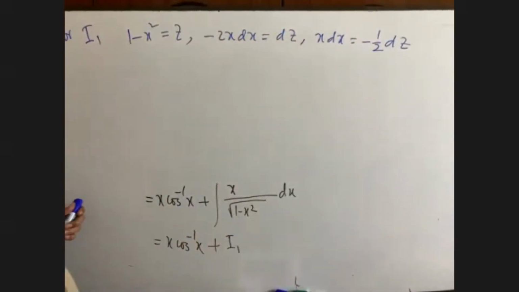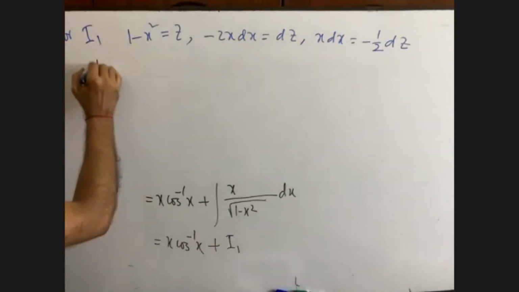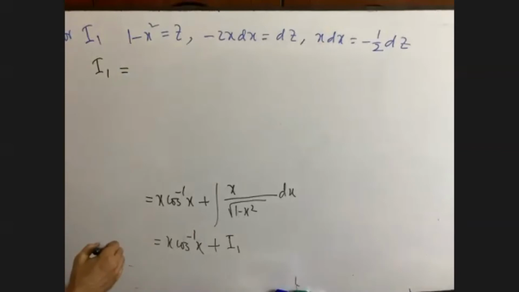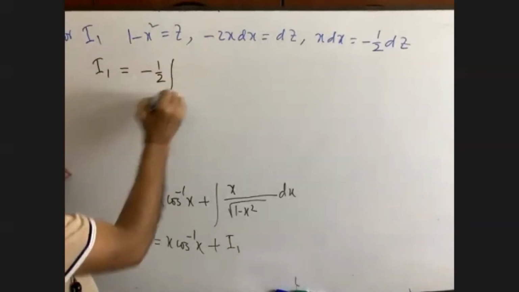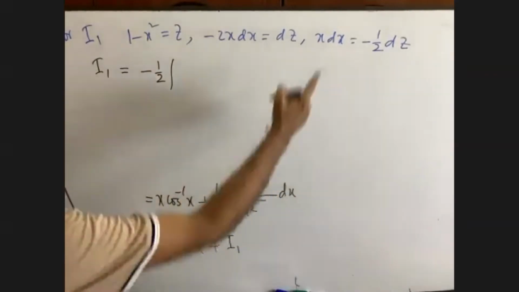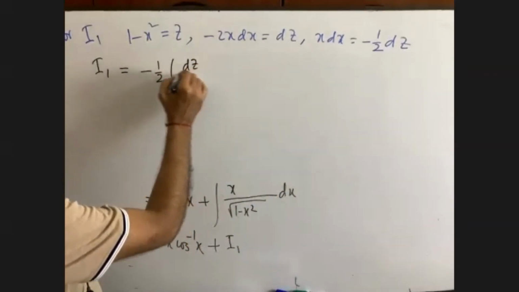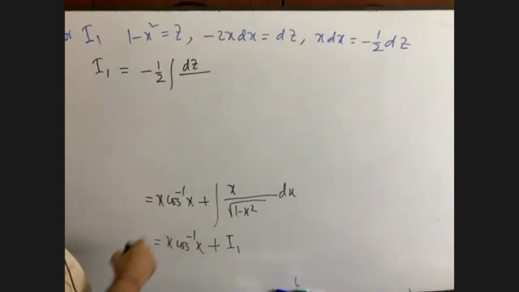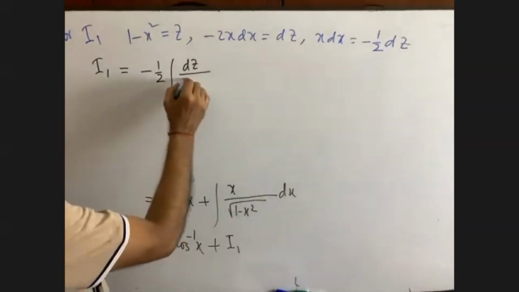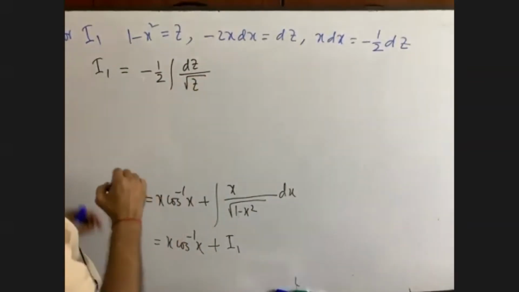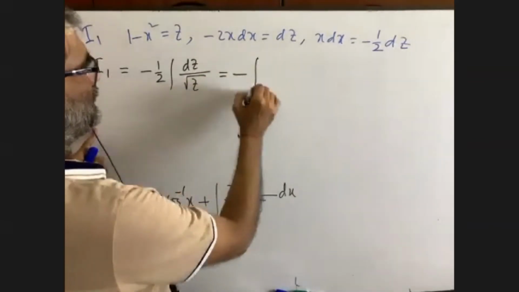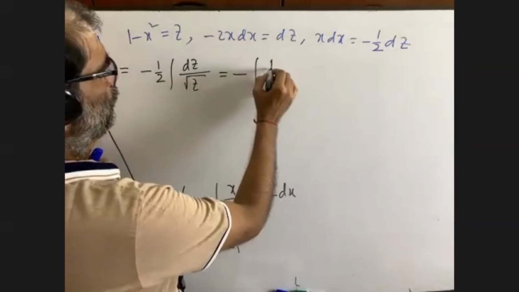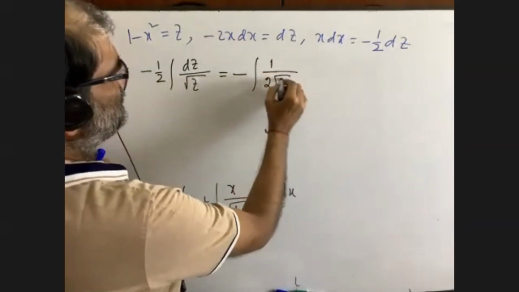So we are getting I1 is equal to minus half integration x dx equals to dz by root over z, right? That means we are getting here minus integration 1 by 2 root over z dz.